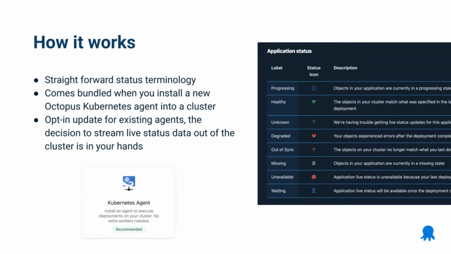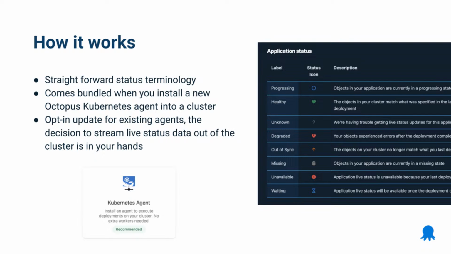Expanding on how it works, we leverage straightforward status terminology. Everything that's already existing should be familiar for people within this space. There's a sample of all the different statuses on the right there. And as Kit mentioned, it comes bundled when you're deploying the Octopus Kubernetes agent. So if it's a new install, it'll come along for the ride, and you'll see that in the extra Helm commands.